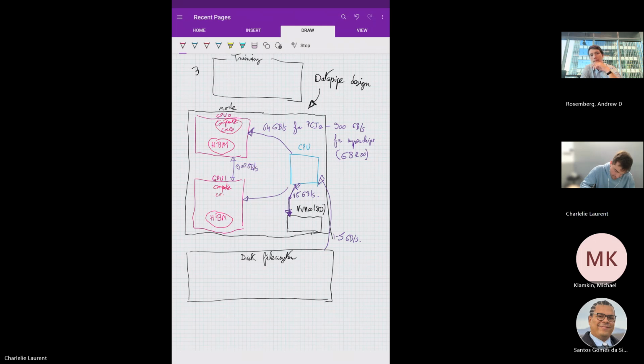There is some data transfer required between the two, and the transfer between the HBM, the RAM, and the cores is at least 4 terabytes per second.